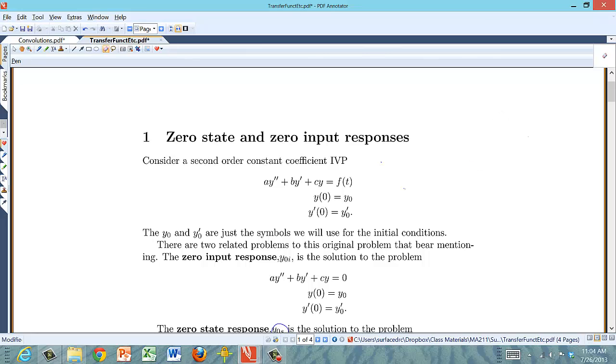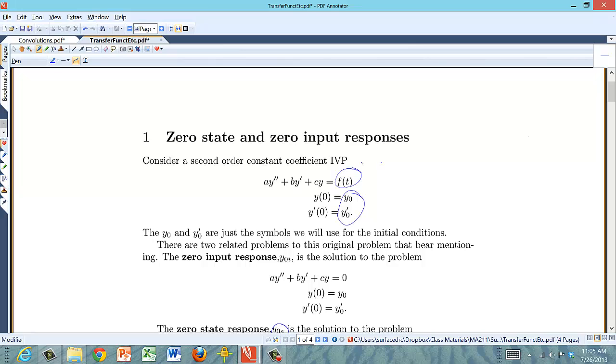If you think of this in terms of a mass spring damper system, the solution to this is the motion that occurs when I release my object with these initial conditions and subject it to this forcing term. So there are really two kinds of motion happening here.